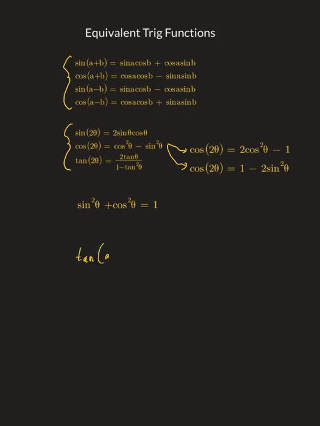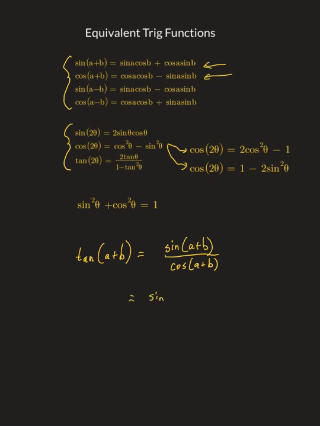We got tan of a plus b. Well, we know that that's going to be equal to sine of a plus b divided by the cosine of a plus b, because tan of anything is just sine over the cos of that same angle. So we're going to use our equations up here to find out what tan of a plus b is.